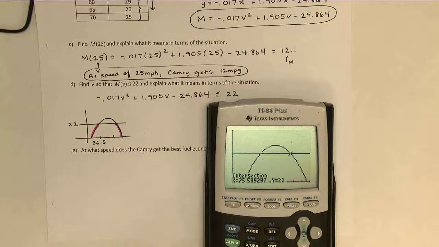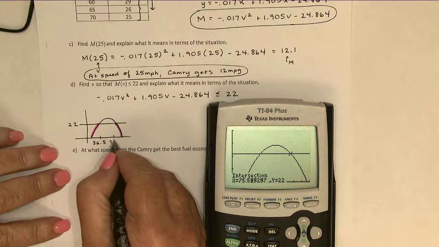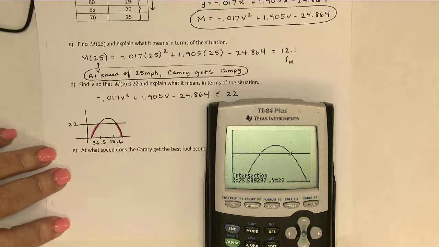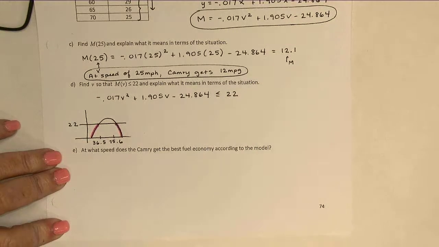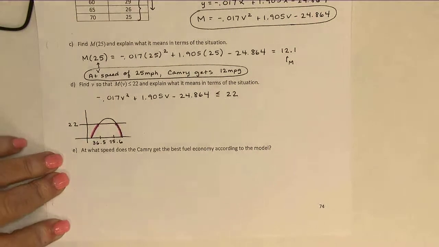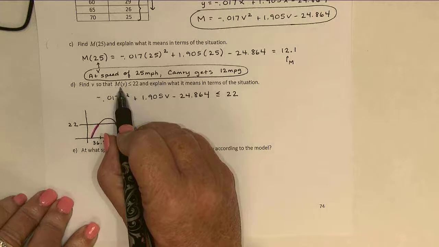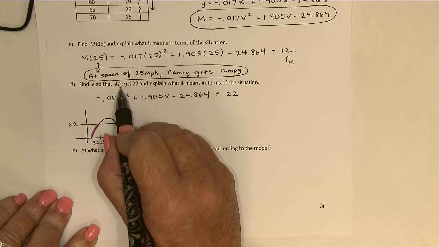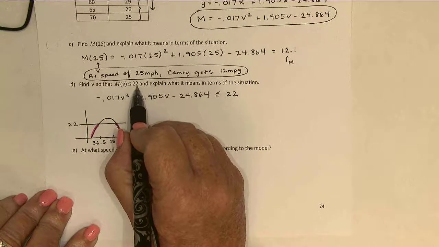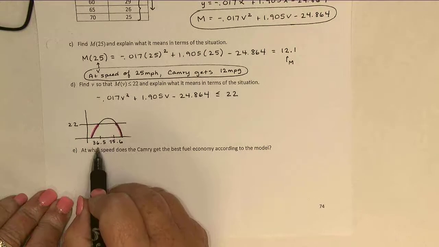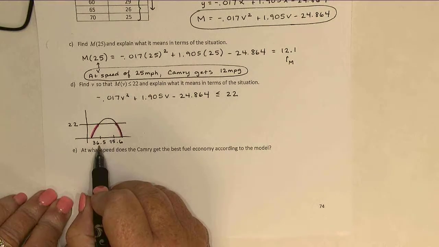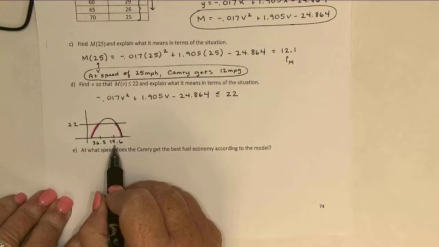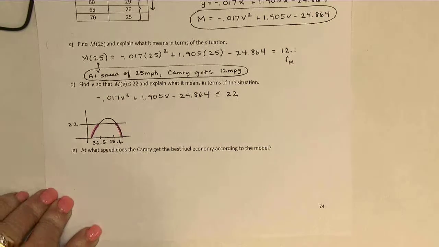About 75.6. So what is this telling us? Well, this is the fuel economy. It's saying we get less than or equal to 22 miles per gallon if we drive under 36.5 miles an hour or over 75.6 miles per hour.